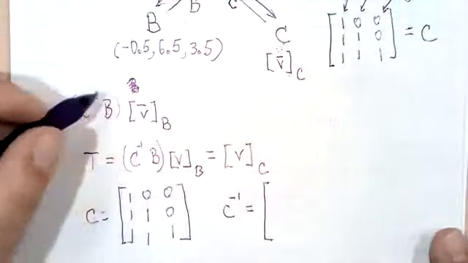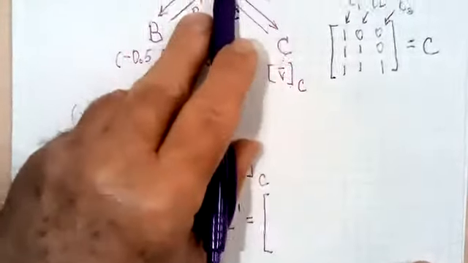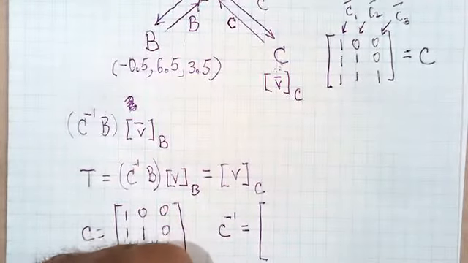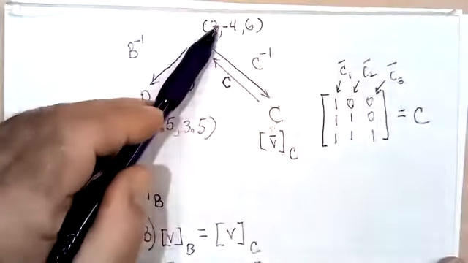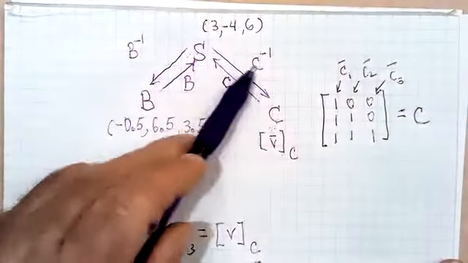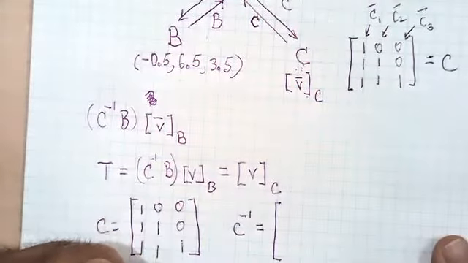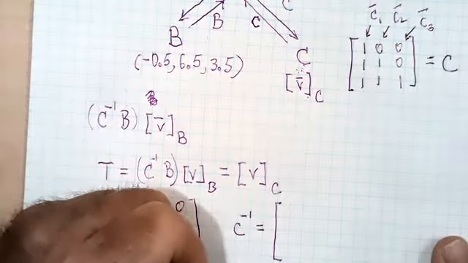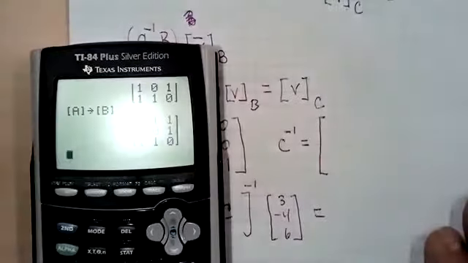So what I would like to do is to take the coordinates in the standard basis, 3, -4, 6, and the diagram tells me that if you left multiply by C inverse, that should give you this guy. And that's a lot to write, so I'm just going to say C inverse for now. And now I don't know C inverse, but I can get it.